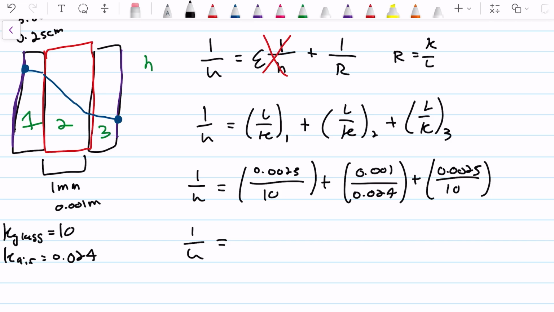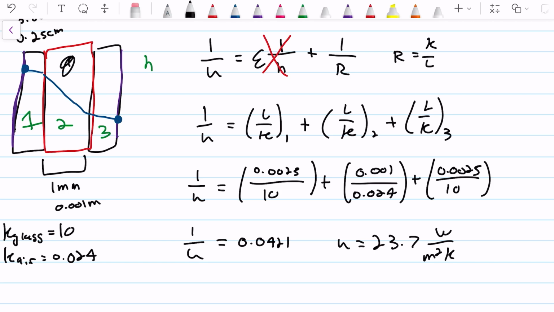So with the inside, considering the reciprocal of the overall heat transfer coefficient, considering that this is only conduction in that air part, we get 0.0421, and that makes U 23.7 watts per meter squared Kelvin. Okay. And then that's the first of 3 parts. Or actually, it's the first of 2 parts.